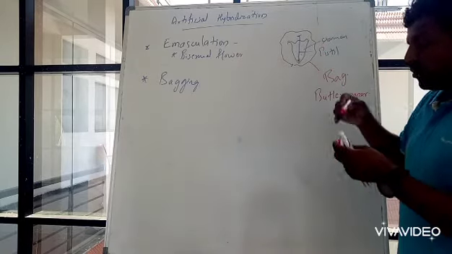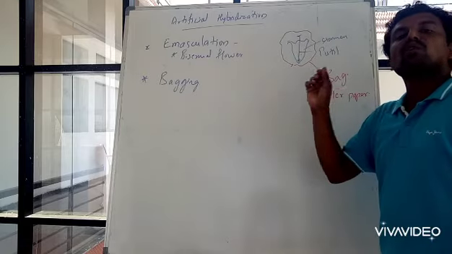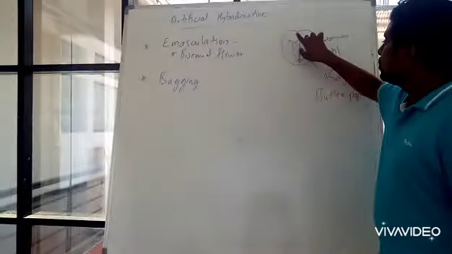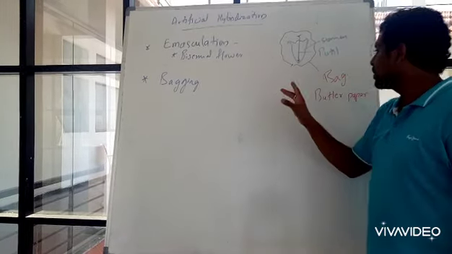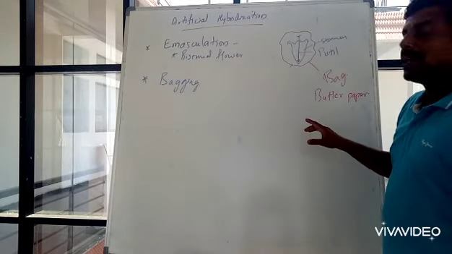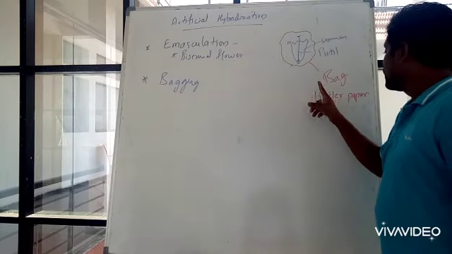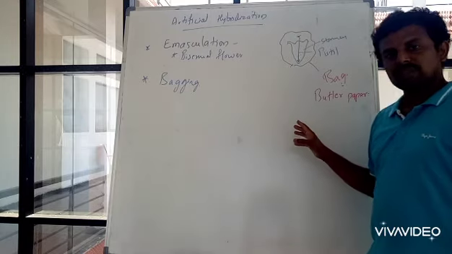When you remove the male reproductive part from the flower, there is no chance of the pollen grain falling on the stigma portion. So here no pollination will take place.